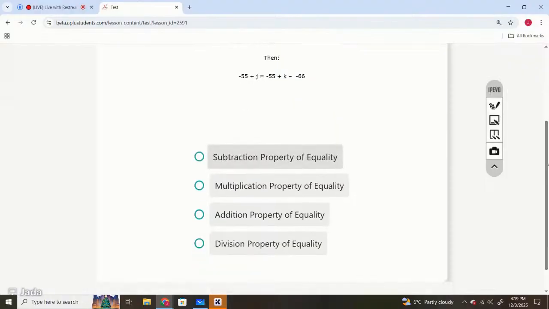So we are adding negative 55 to both sides. So that is the addition property of equality.